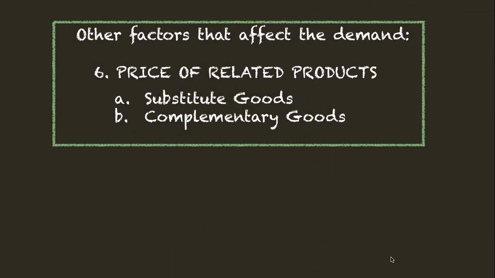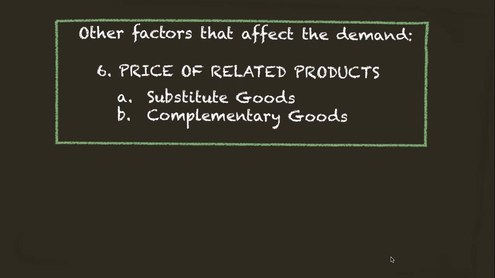Last among the factors would be what we call the prices of related goods. And we all know for a fact in economics that there are two types of goods that we normally associate when we talk of demand. The first type of good is what we call substitute goods. The other one is what we call complementary goods.